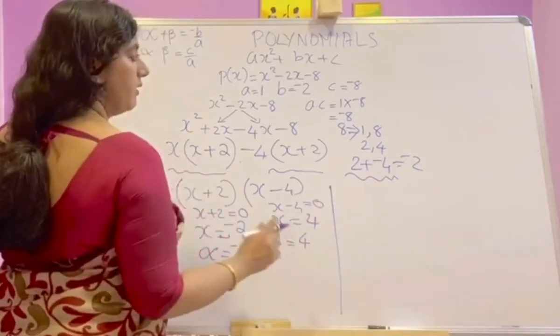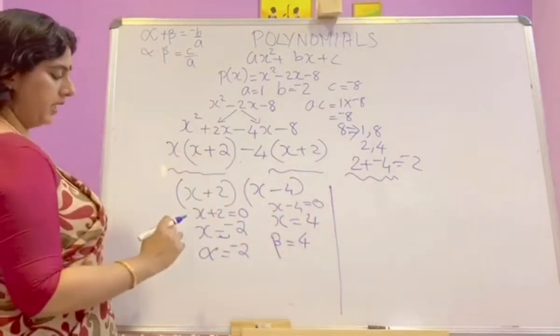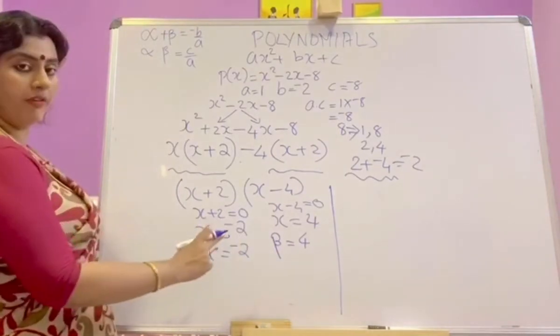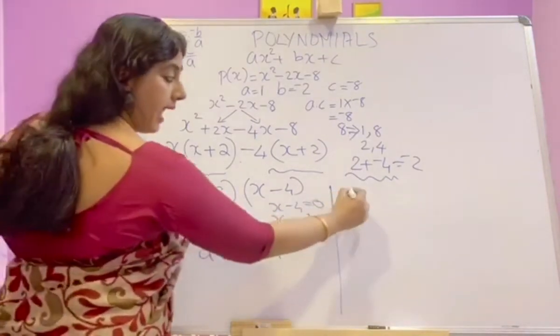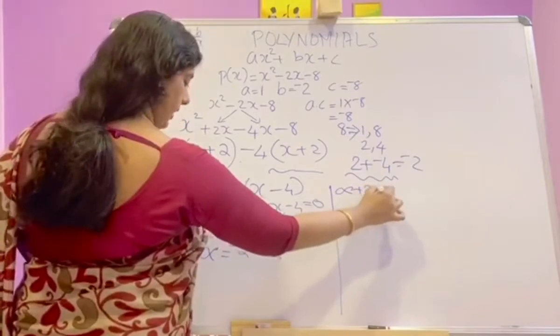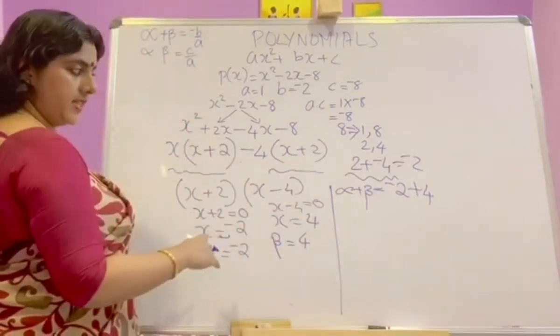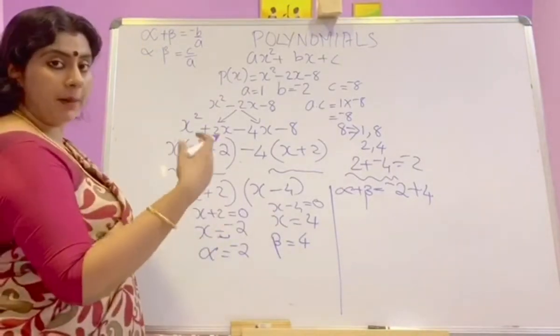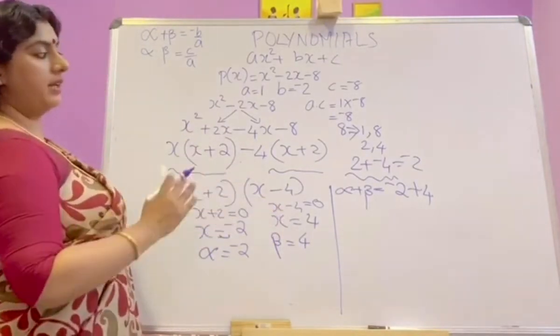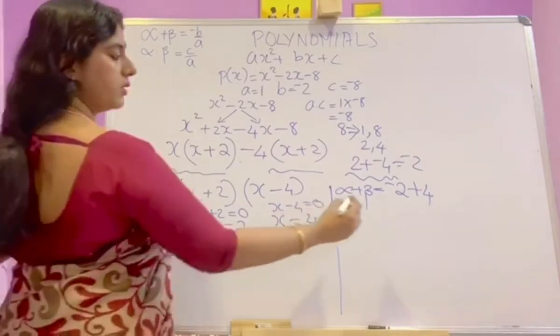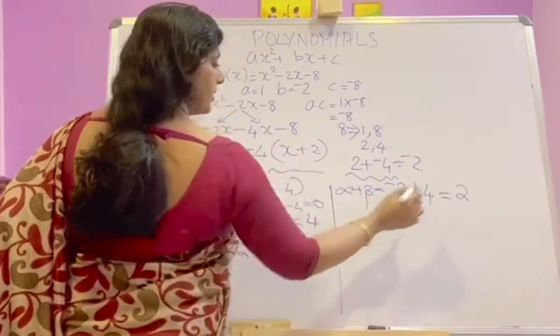Now let us verify the relationship. First we can find the sum of zeros, that is, alpha plus beta is equal to negative 2 plus 4. Again opposite signs addition. The smaller number is subtracted from the greater number and we put the sign of the greater number. So you get 2 as the answer.